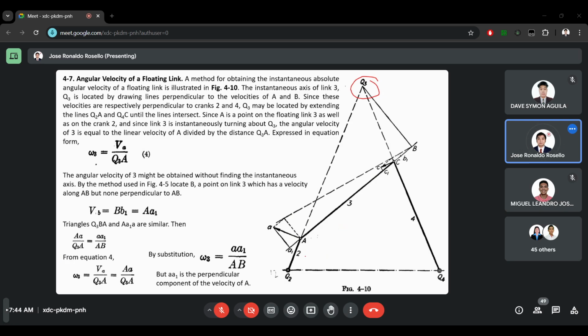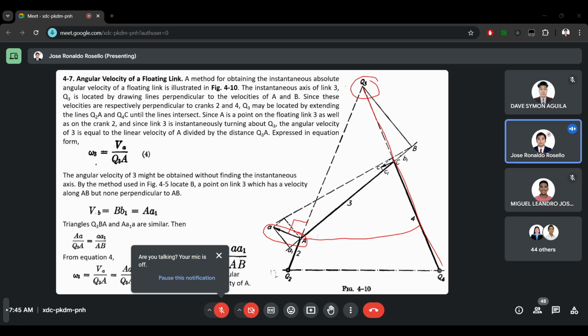So for this, the given is vector A, and it is perpendicular to this line connecting to Q3. Then we can travel this point A to the line of Q3 and C. So the intersection, this will also be point A.